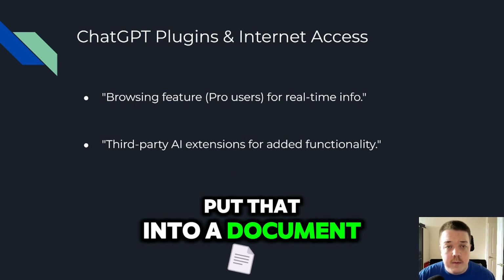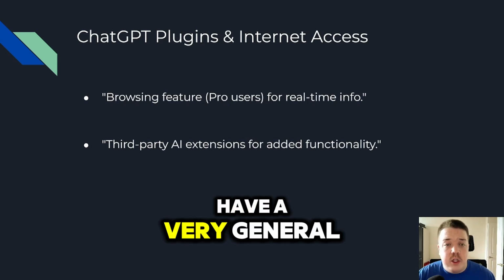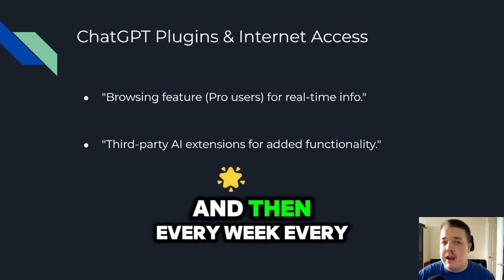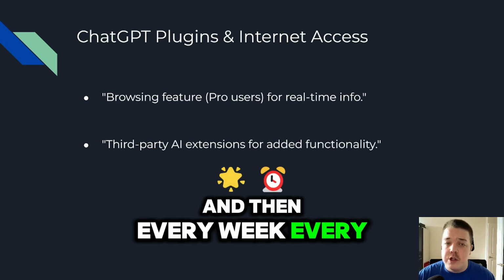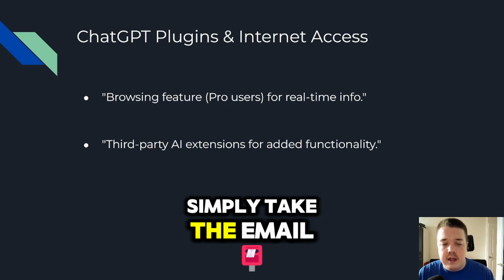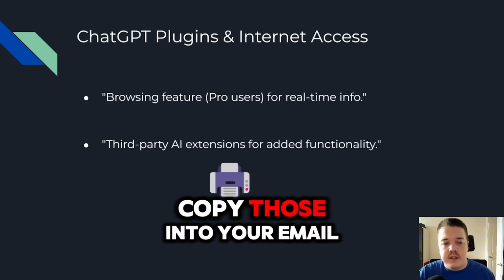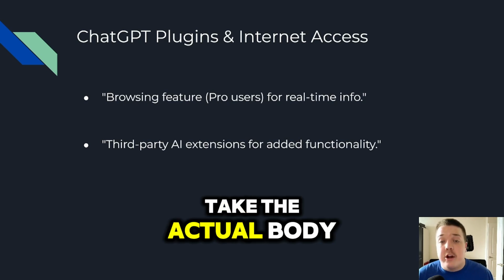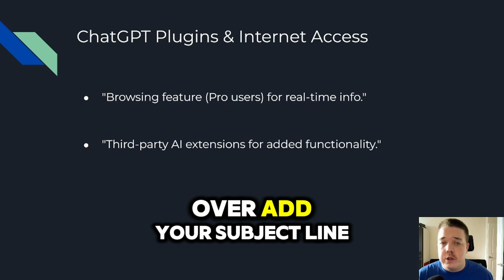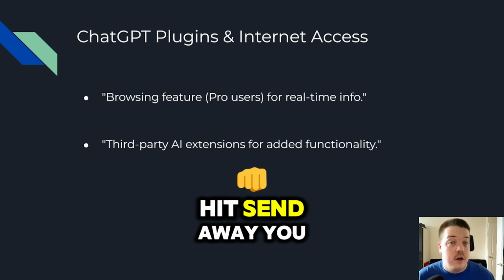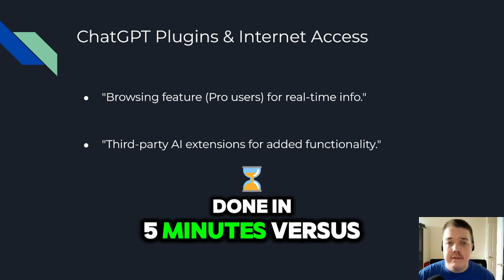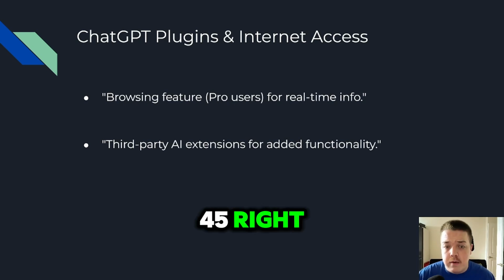Put that into a document, have a very general follow-up email structured by ChatGPT, and then every week, every 2 weeks, whatever it is, take the email addresses, copy those into your email, take the body of the email itself, copy and paste that over, add your subject line, hit send, away you go, right? And all of your email follow-up is done in 5 minutes versus 45, right?